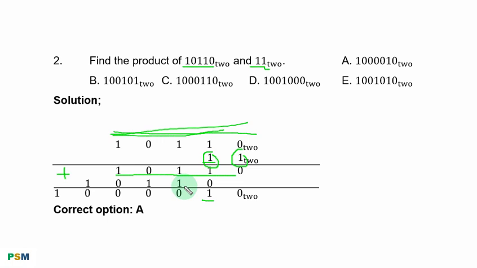So you divide 2 by 2, you have 1 remainder 0. You put down the remainder 0, you take the 1 forward. 0 plus 1 plus 1, that is 10. You put down 0, you take 1 forward. If you add here, you also have 10. You put down 0, you take 1 forward. When you add, you have 1001100. By this, the correct option is A.